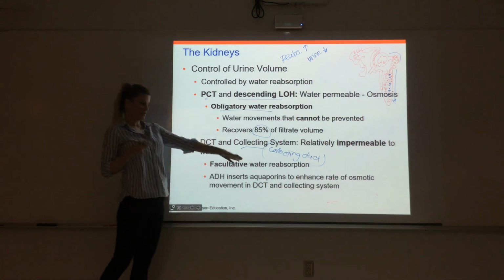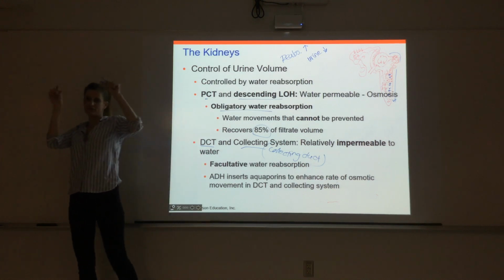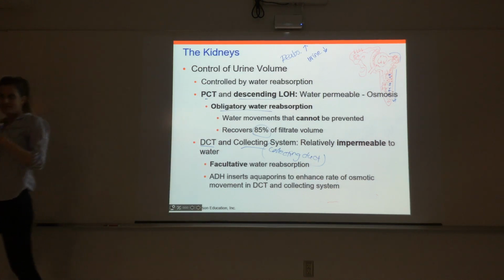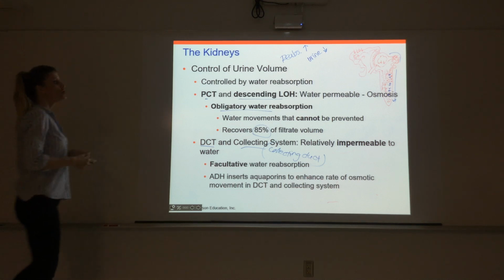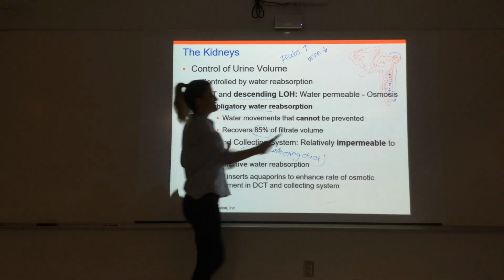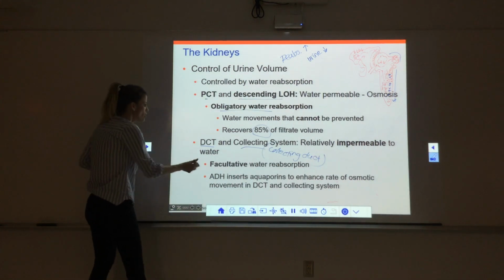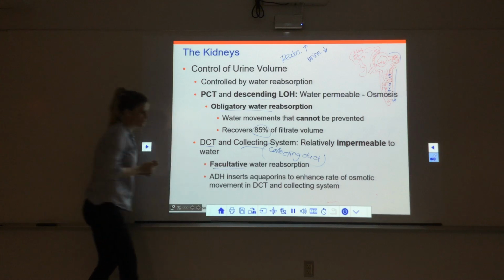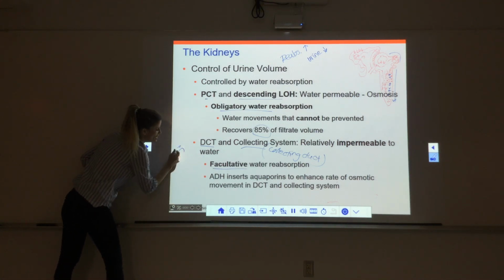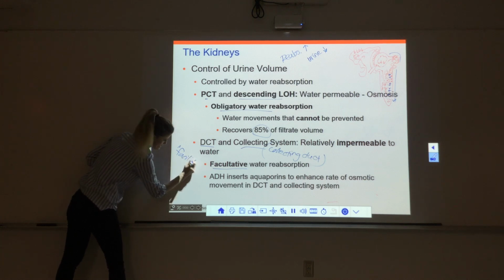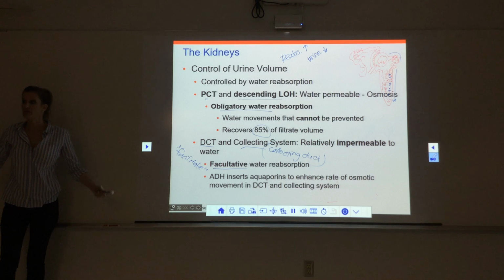We said that if we want to, we can actively insert little pores in the DCT and in the collecting duct, and then we can reabsorb water there, but it's not there naturally. So any water reabsorption that occurs in the distal convoluted tubule in the beginning of the collecting duct, we call facultative water reabsorption. Think of it as facultative because we have to facilitate the process. It doesn't happen on its own.